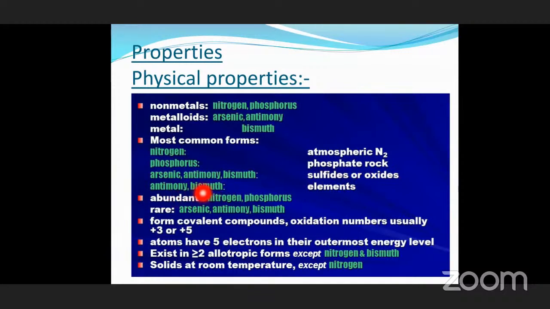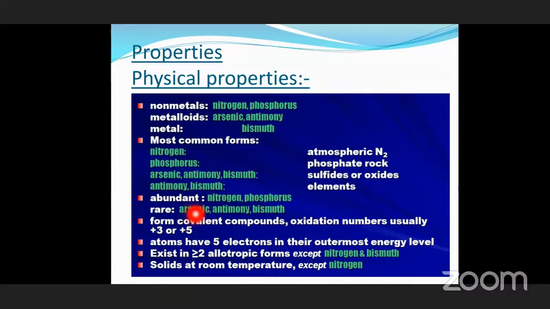Here the nitrogen and phosphorus, these two elements are more abundant in nature. What about arsenic, antimony and bismuth? These three elements are less abundant in nature, very rare in our nature.